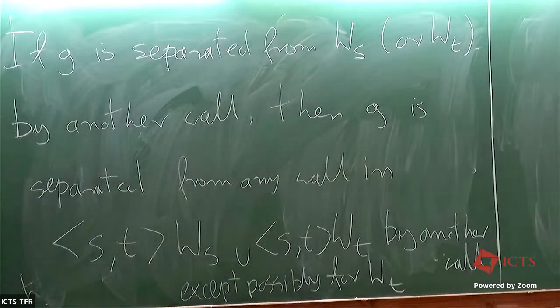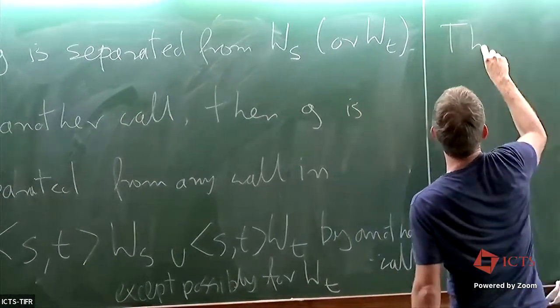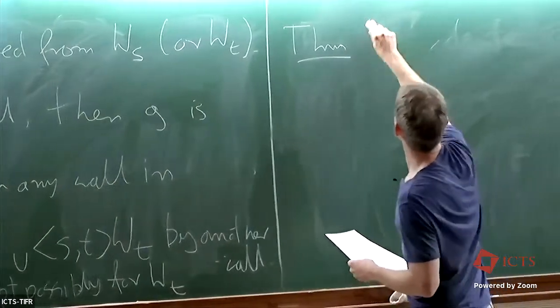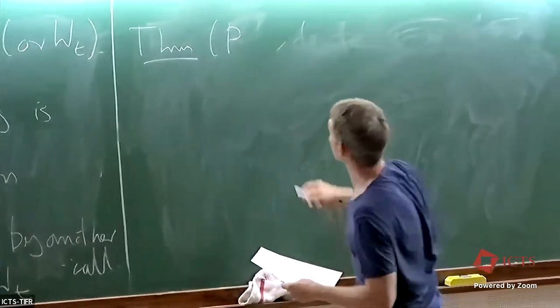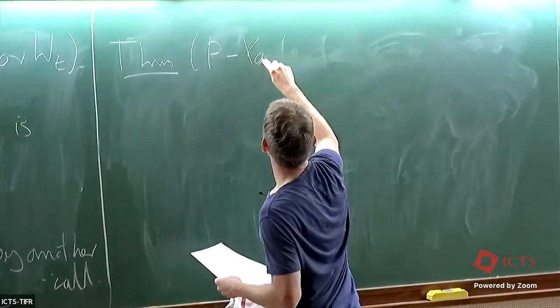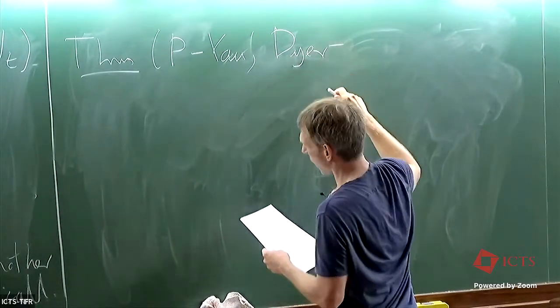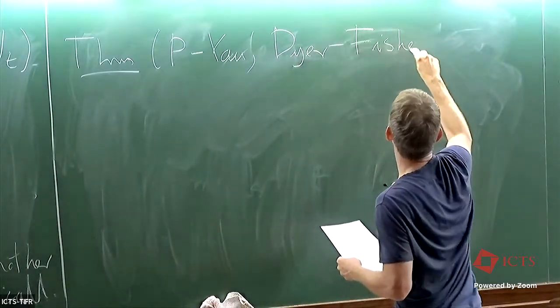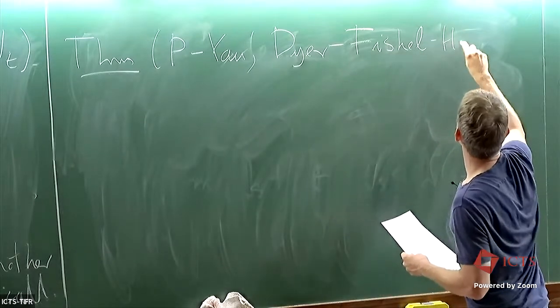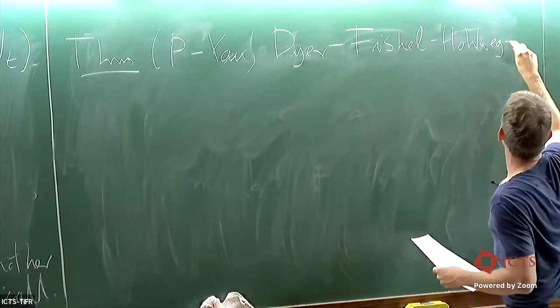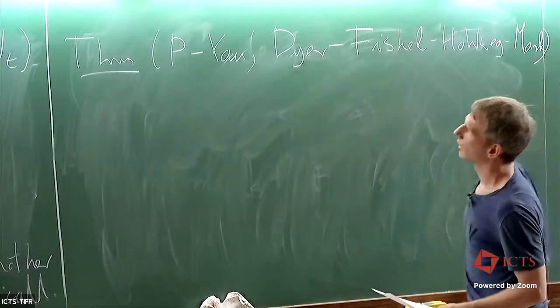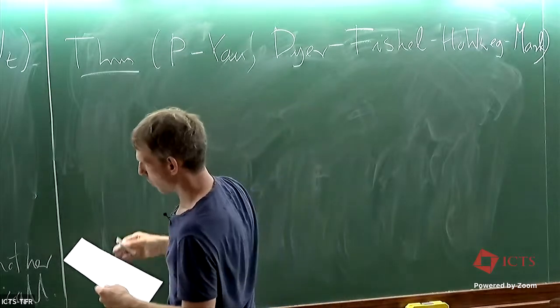Okay, so let's see how this is useful to prove theorem 1. In fact, I will deduce theorem 1 from a similar theorem that we later proved, using the same proof as with Damian, with Yeeka Yao, and independently it was also proved by Dyer, Weigel and others. A similar theorem with a similar proof.